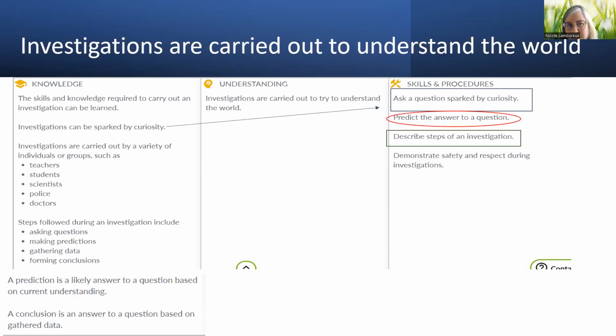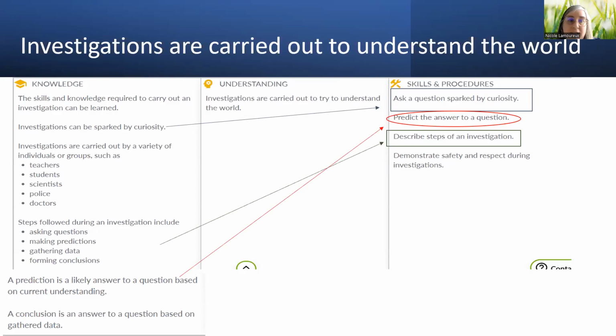But what does that mean to a student, that you're smart and you guess well? But a prediction is much more than that. It's a little bit more nuanced. It's actually a likely answer to a question. So that has to be relating to the question. And it's based on your current understanding. So there's some background knowledge that's being used to make an inference or to anticipate what they're going to observe.